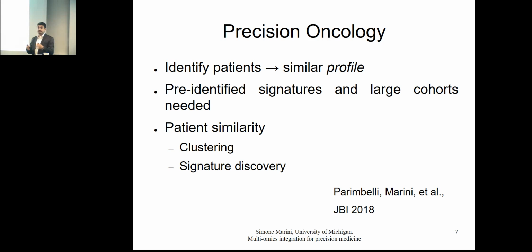We cluster patients that are similar, and this is the base of precision medicine. In order to cluster patients that are similar, we need to define a similarity. And so we will maybe discover signatures instead of using pre-identified ones.